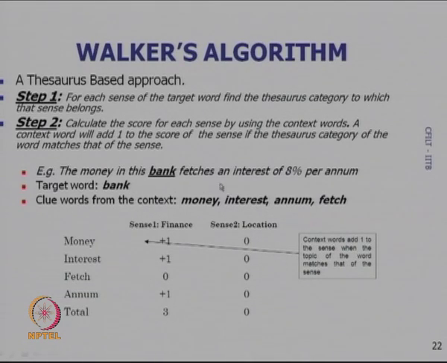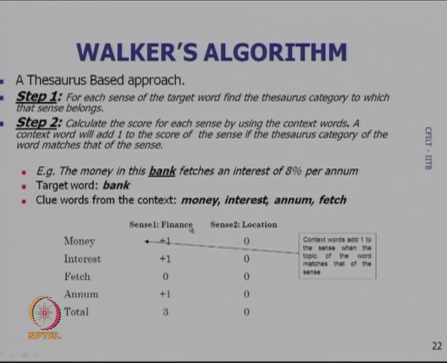Here is an example. The money in this bank fetches an interest of 8% per annum. So, the target word is bank, and the clue words which explicate the sense of the word are money, interest, annum and fetch. So, what we find here is that there are two sense counters for bank, sense 1 and sense 2.